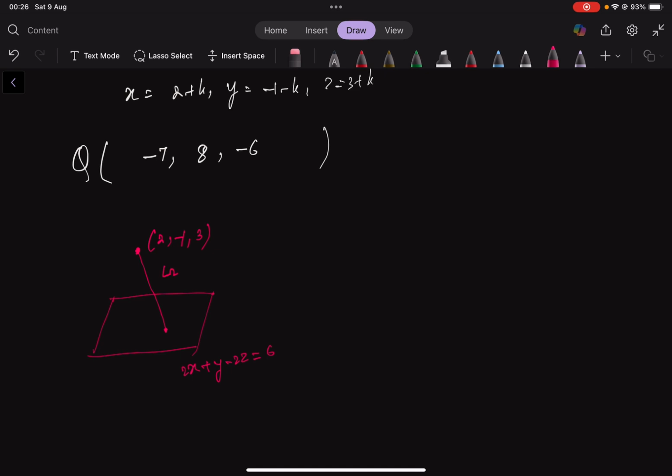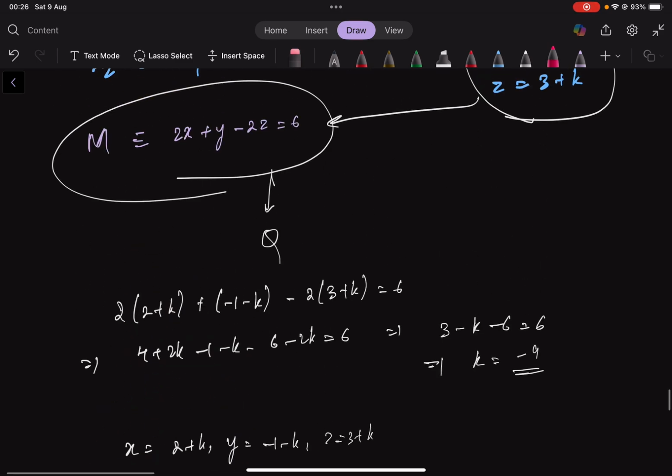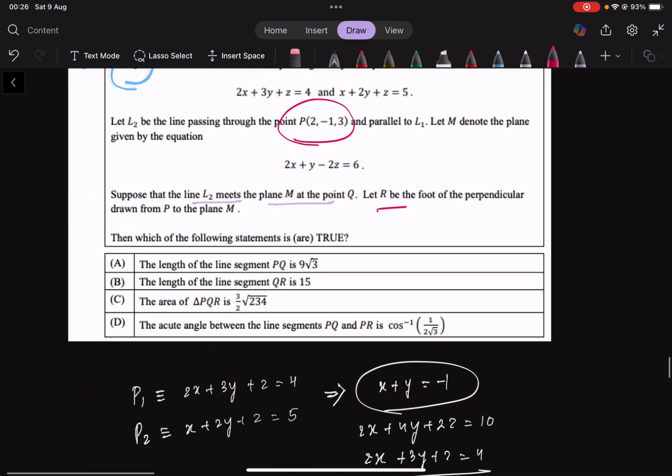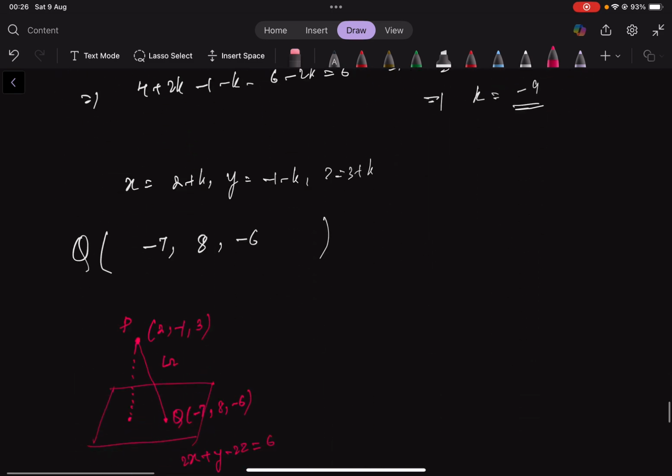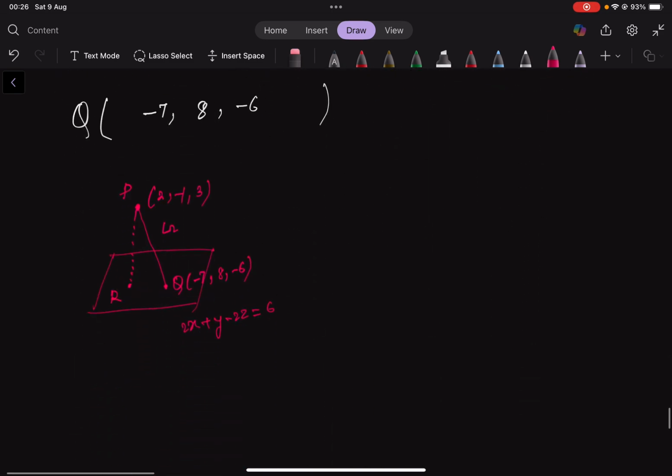This line L2 is meeting the plane at point Q, which is minus 7, 8, minus 6. We were given that R is the foot of perpendicular from P onto plane M. So that means R is a point on this plane such that PR is perpendicular to the plane.